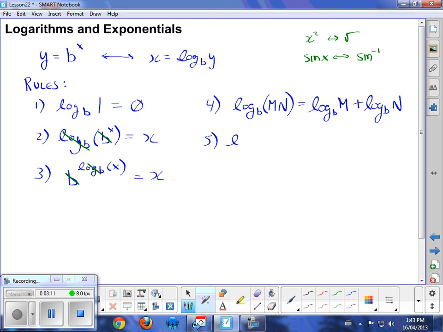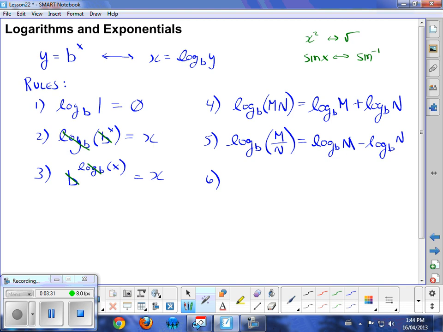You can also have some division here. So log base b of m divided by n. This then would expand, and you would end up with subtraction. So the division results in subtraction of terms.